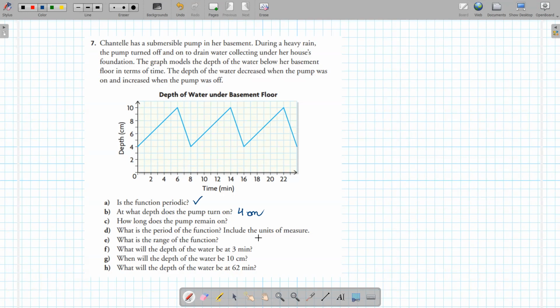What is the range of the function? Range means possible y values. Y is between 10 and 4. 4 and 10. What will be the depth of the water at 3 minutes?